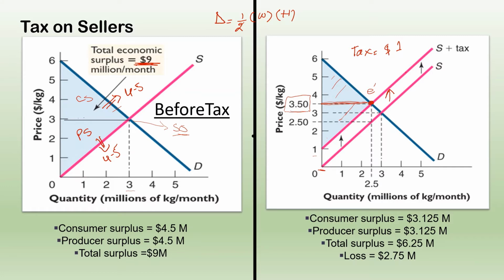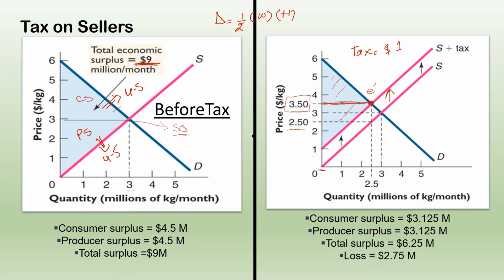So after paying $1 tax from 3.5, the seller is actually receiving a price which is 2.5. Although he is selling at a price of 3.5 per kilogram, from this price he also has to pay $1 when he is selling 1 kilogram of onion in the market.